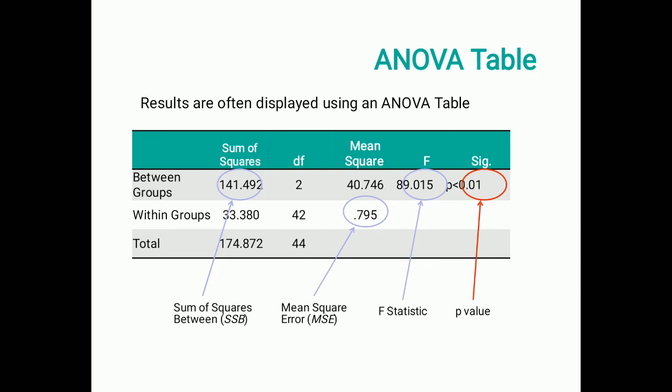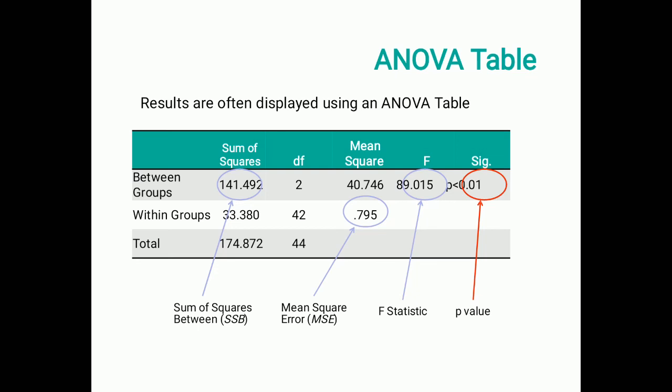Within groups it is 33.380. Total is 174.872. Degree of freedom between groups is 2, within groups is 42, and the total is 44. The mean square between groups is 40.746 and within groups is 0.795, which is the mean square error, MSE.